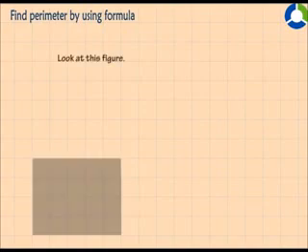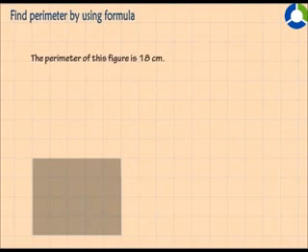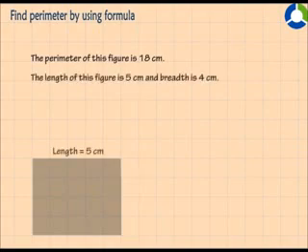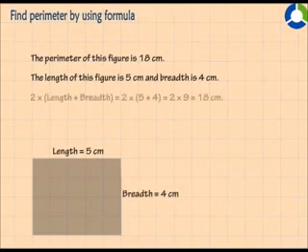Find perimeter by using formula. Look at this figure. The perimeter of this figure is 18 centimeters. The length of this figure is 5 centimeters and the breadth is 4 centimeters. 2 multiplied by (length plus breadth) equals 2 multiplied by (5 plus 4), equal to 2 multiplied by 9, equal to 18 centimeters.